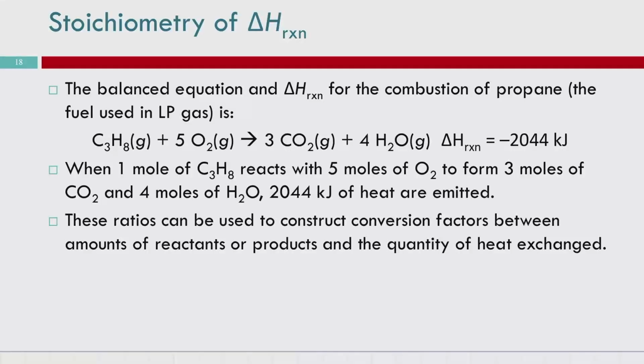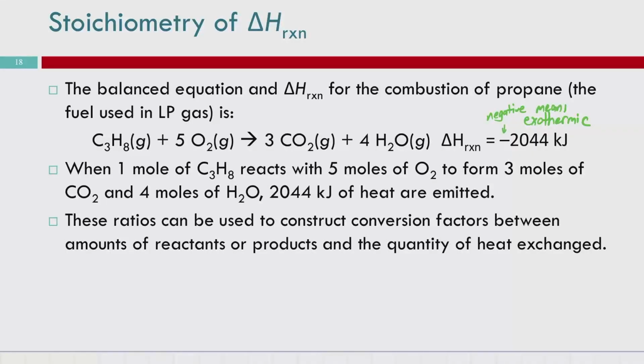We can make so many conversion factors. This tells us that when 1 mole of C3H8 reacts with 5 moles of O2, we form 3 moles of CO2 and 4 moles of H2O, and 2,044 kilojoules of heat are emitted. Negative means exothermic. Heat is put outside.